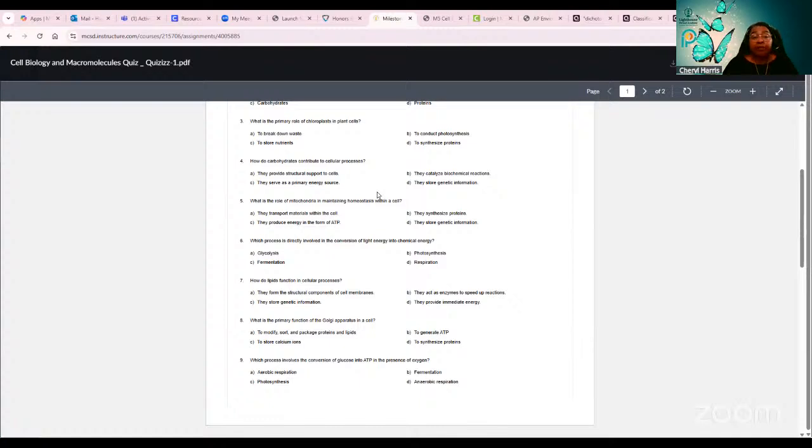We talked about it. This is where respiration takes place. So what do we get from respiration? You can just type it in the chat. Somebody.